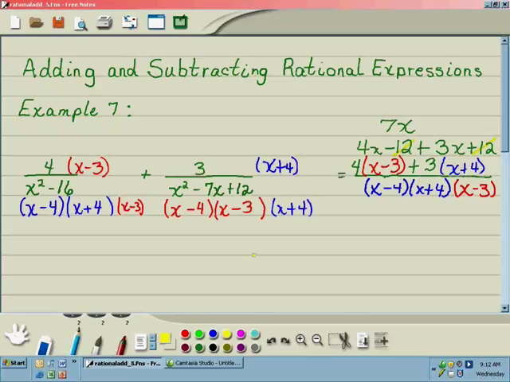And so I'm left with an answer of 7x over x minus 4, x plus 4, x minus 3. And there's your answer.